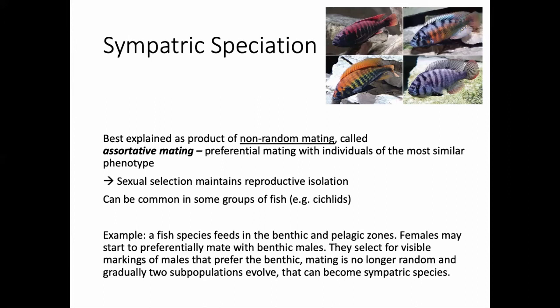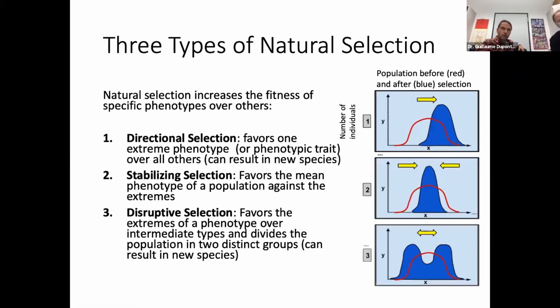When I compile the lectures I try to be consistent with the main textbooks, and I found that these three versions are often used. But for instance, the paper I showed about the two mice, the yellow and the dark mouse, they call it divergent selection.